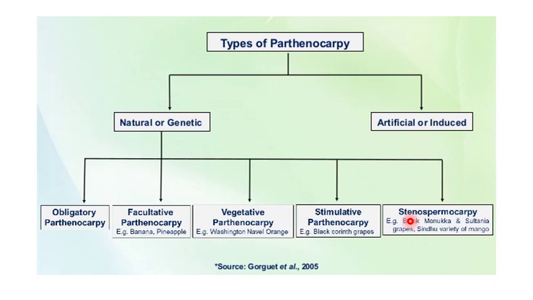In stenospermocarpy, they are immature seeds, and the seedless watermelon is an example of stenospermocarpic parthenocarpy.